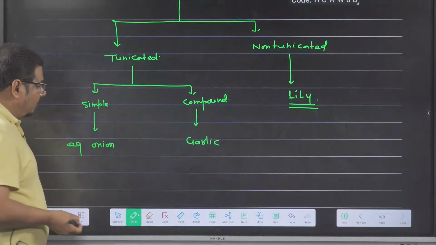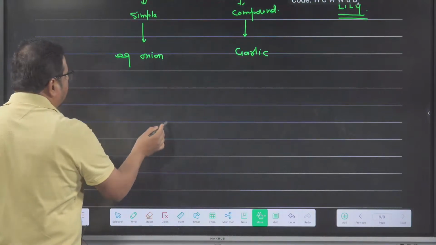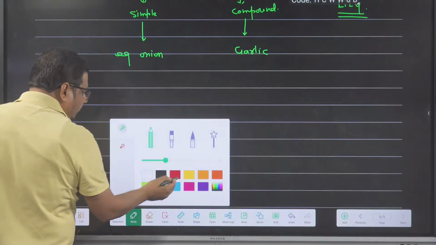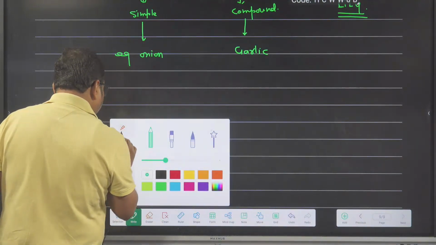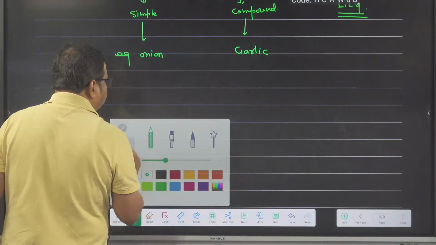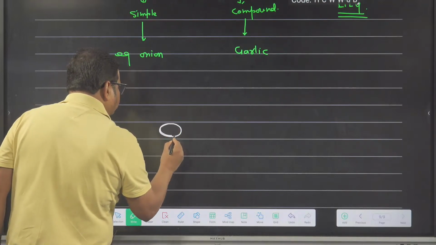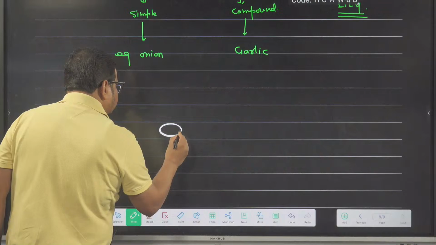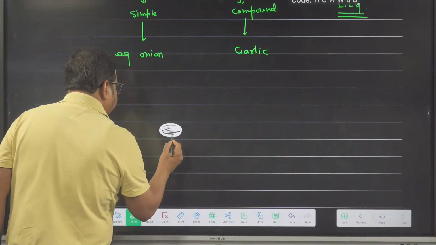Got the idea? Now I am telling you about the onion. I am drawing the structure of an onion, how onion looks. So look here. In onion, the stem is discoid, disc-like. So this is the stem of the onion, a disc-shaped stem.